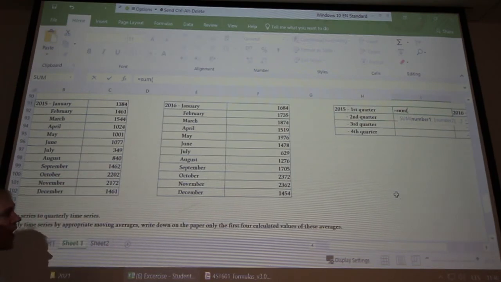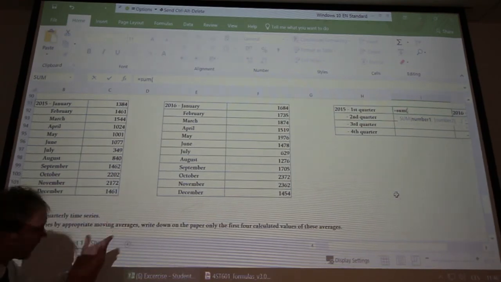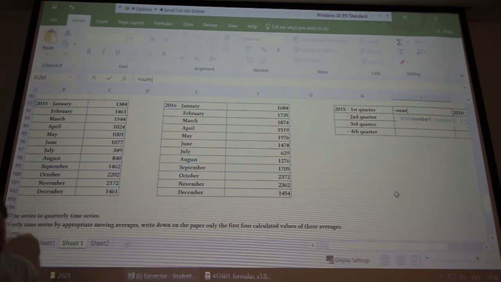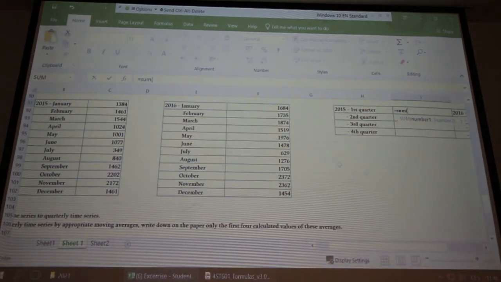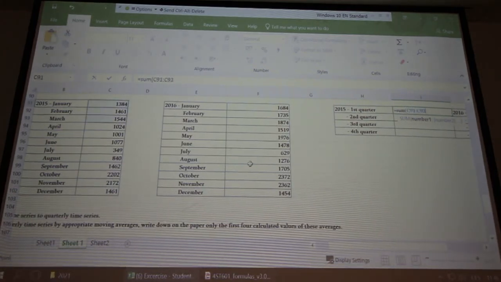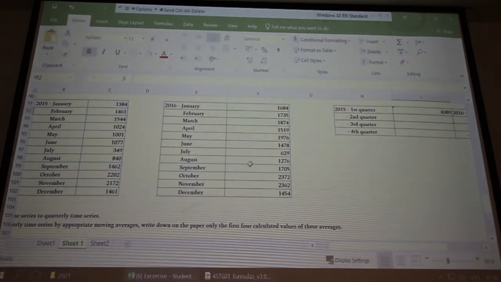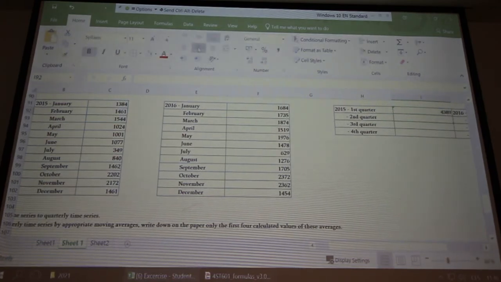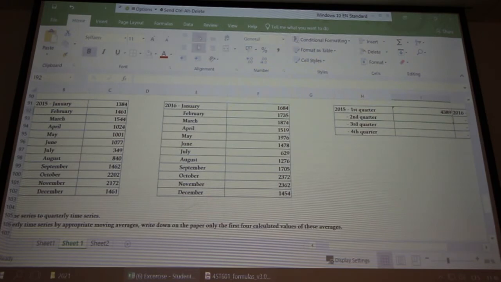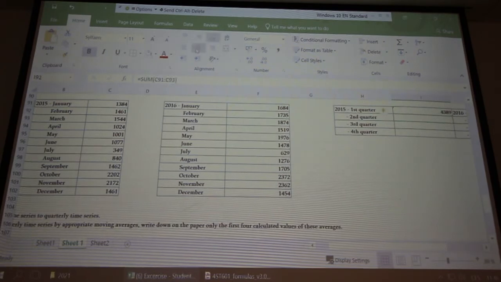The result is in people, persons. So the summation of these three values, close, enter. I will write it here, and we can continue.